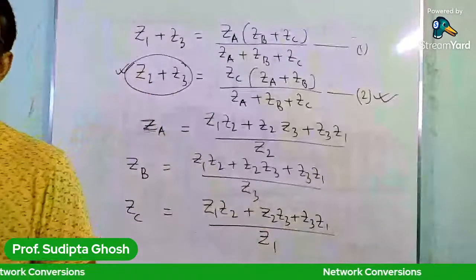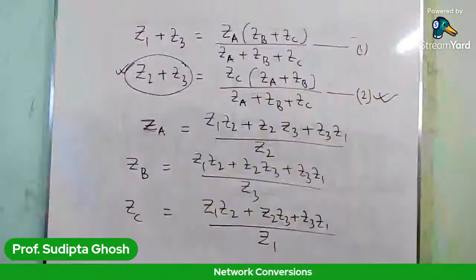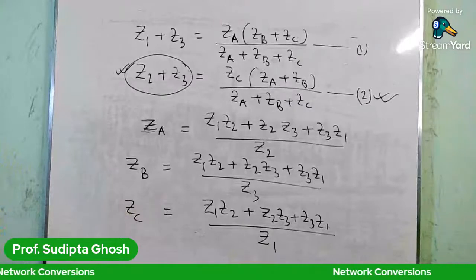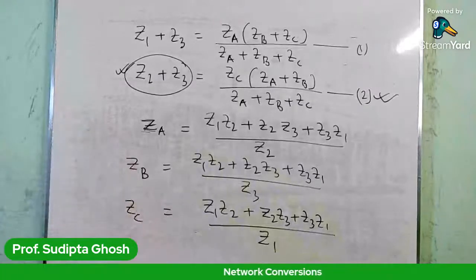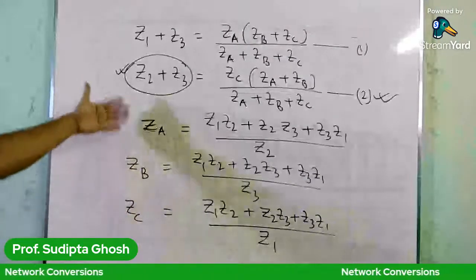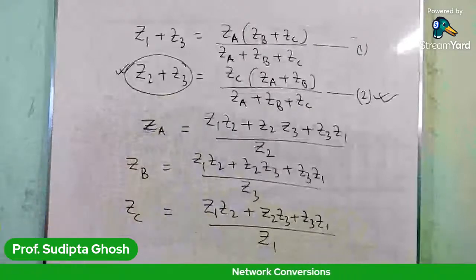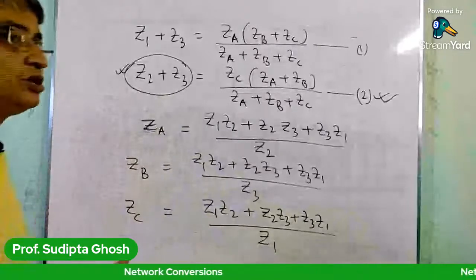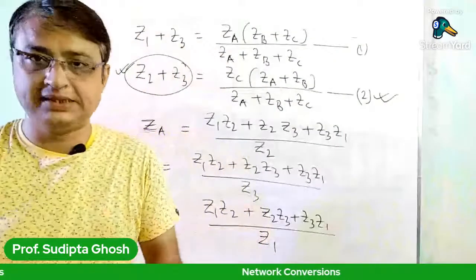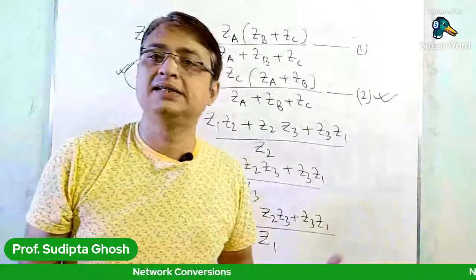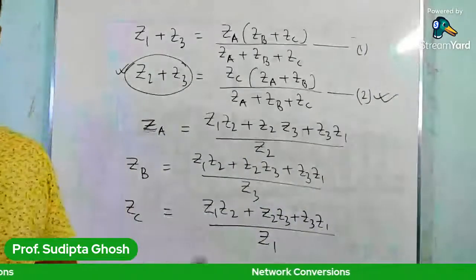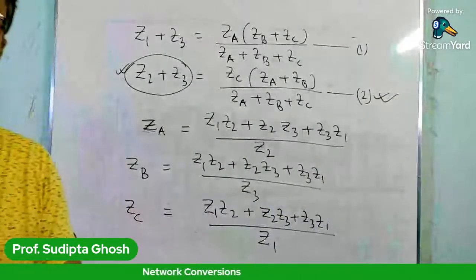But as you can see, these equations, the values of ZA, ZB, ZC and how to get Z1, Z2, Z3, I think an important part is how to remember these three equations, or rather these 6 equations as a whole.